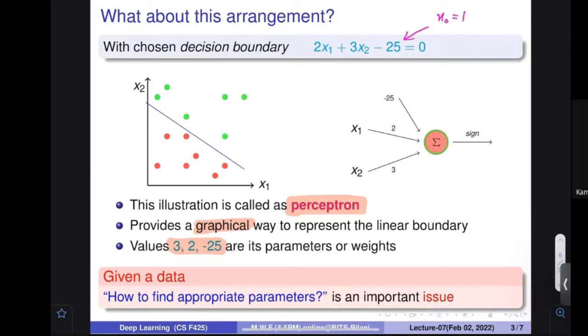Once again, given a data means this kind of information is given to you, on what points the item is positive and negative. Your objective would be to find a perceptron, meaning a linear decision boundary, which means you want to find these parameters. Any questions on that?